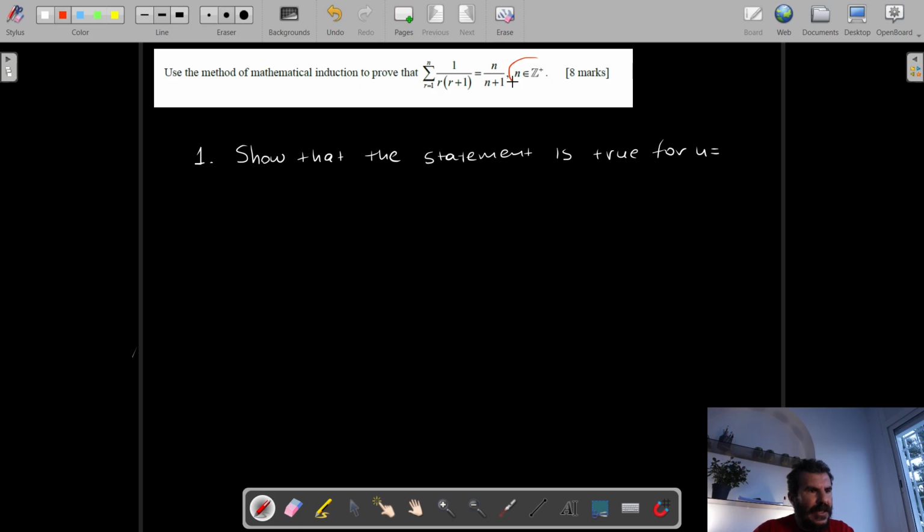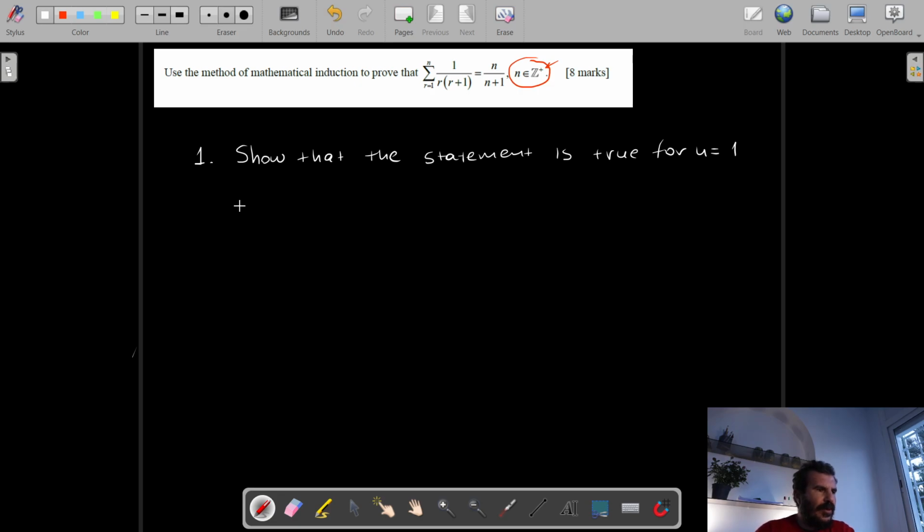You always check what they give you as a condition. Here the condition is that n should be an integer, meaning 0, 1, 2, 3, 4, 5, 6, 7 and so on. But here it's integer plus, which means without 0. So which is the first term? Well, the first term is for n equals 1.